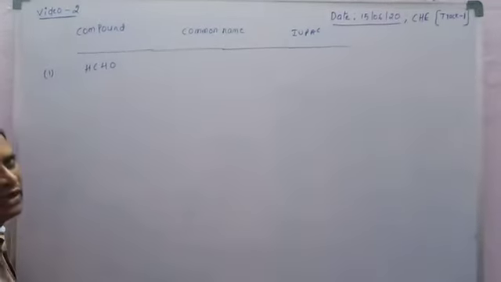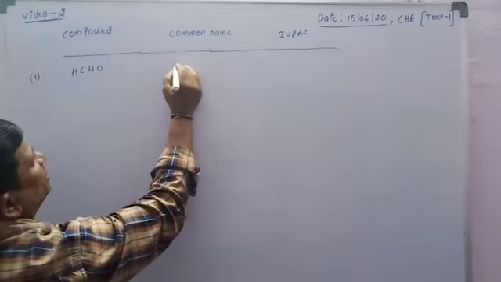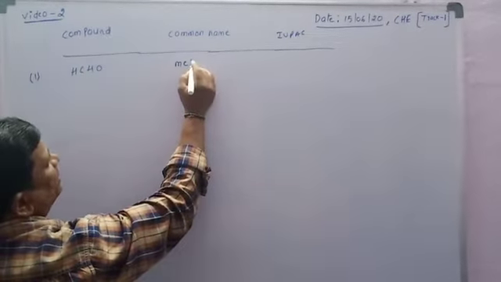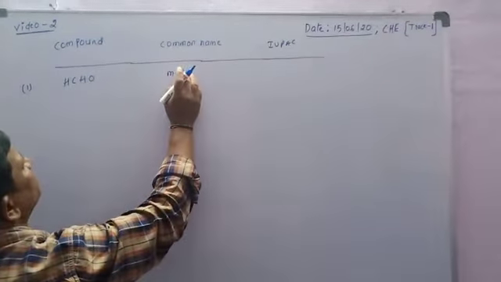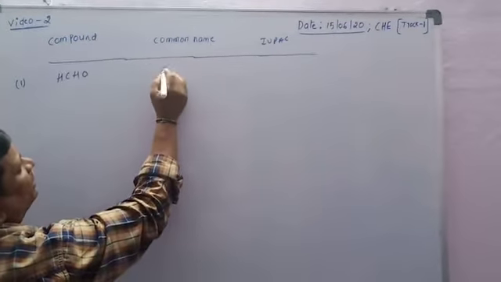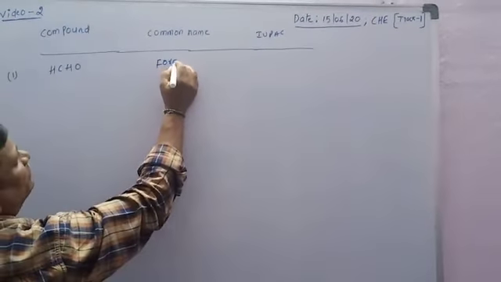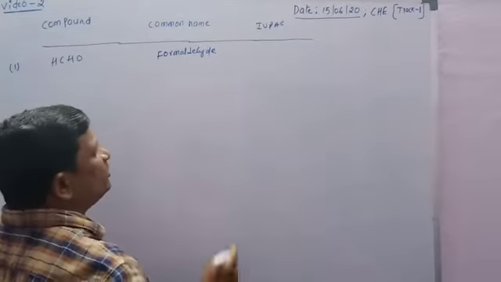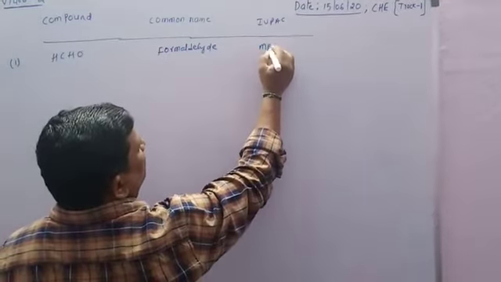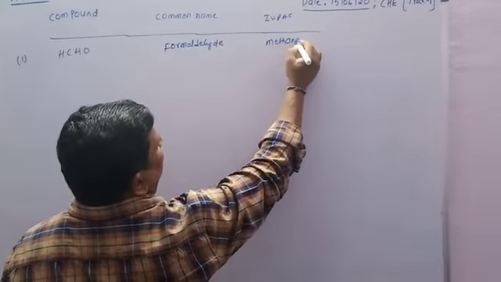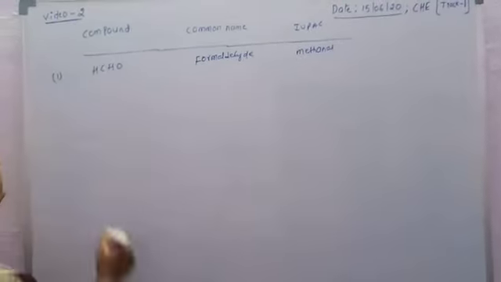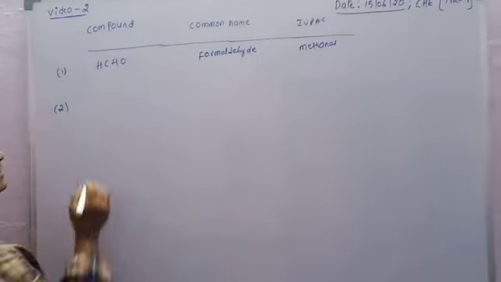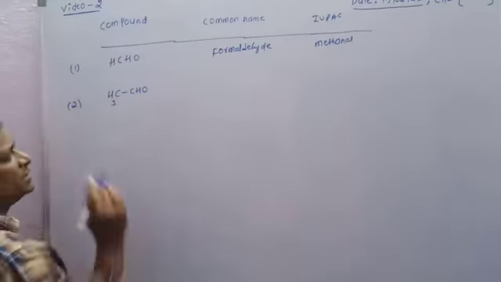It contains only one carbon. Its common name is formaldehyde, and its IUPAC name is methanal. Why is it considered methanal? Because it contains only one carbon.